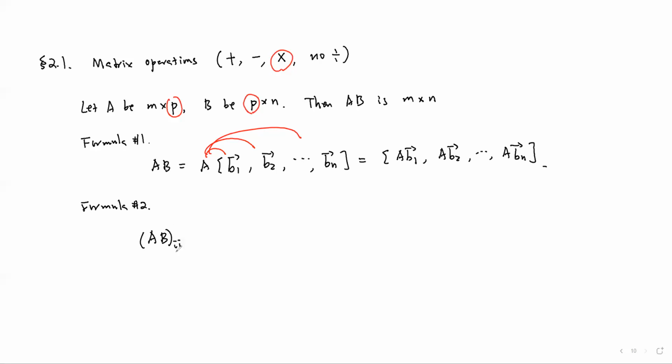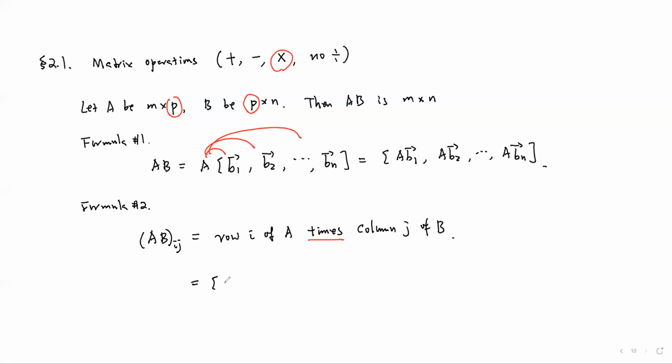The ij entry of this matrix is row i of A times column j of B. What is row i of matrix A?